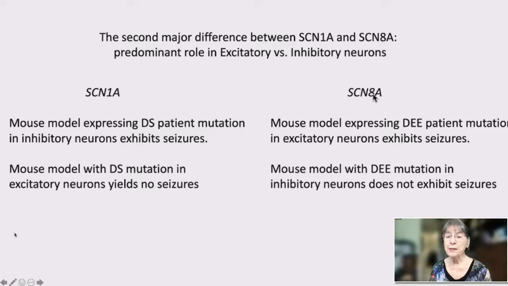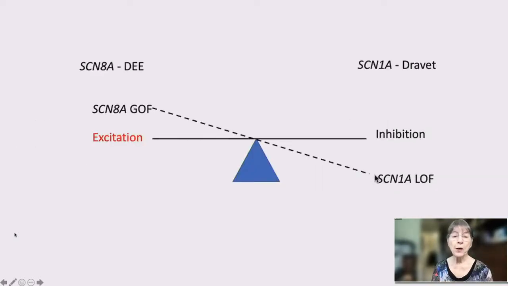In contrast with SCN8A, if you have a model expressing these DEE mutations only in excitatory neurons, this is sufficient to generate the seizure phenotype and lethality. Whereas if we put the same mutation in inhibitory neurons, we do not get seizures. So this explains why we have these contrasting effects.